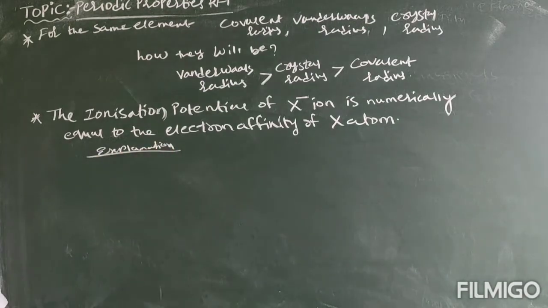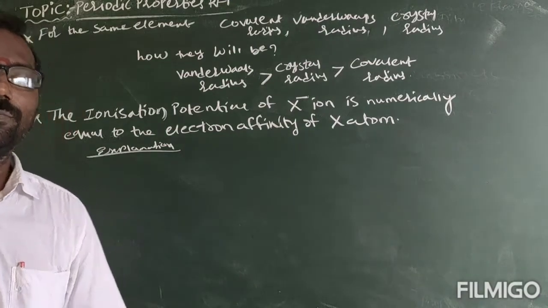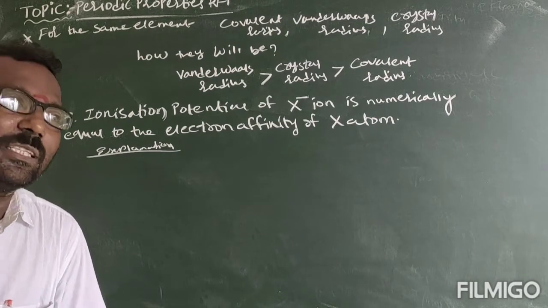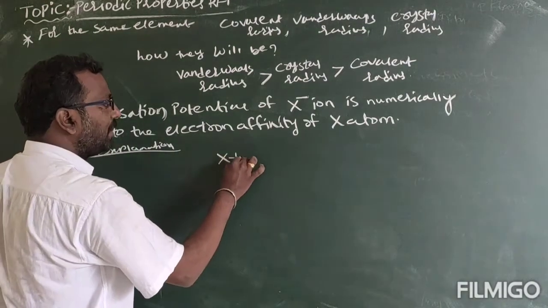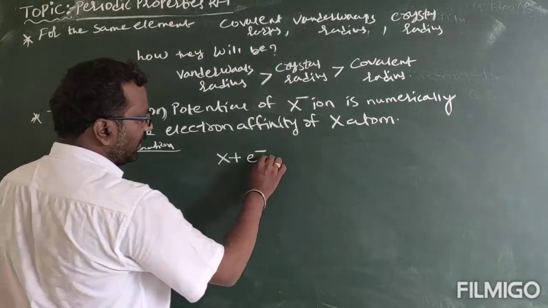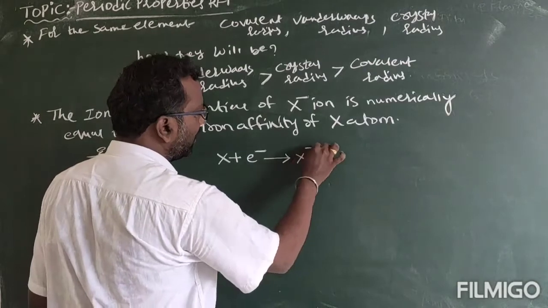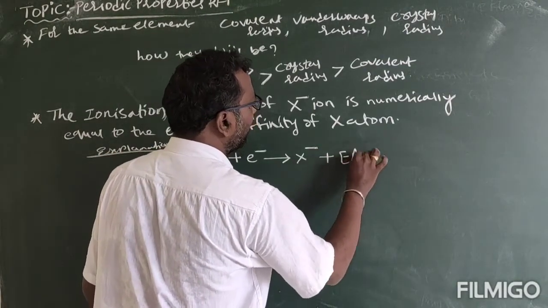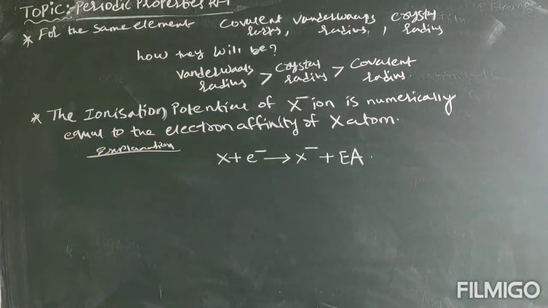See, what is the electron affinity? The amount of energy released when an electron is added to a neutral gaseous atom. So X plus electron gives X minus plus electron affinity, that is EA. Some energy it will give.